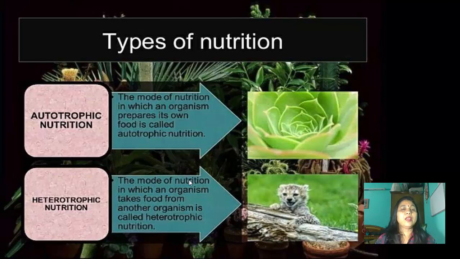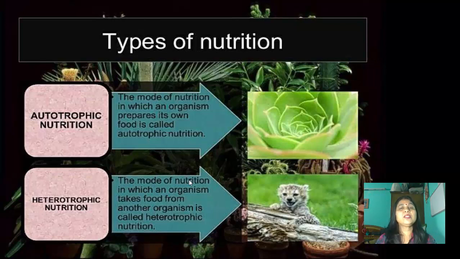The next type of nutrition is heterotrophic nutrition. In this, the organism takes food from another organism. This organism may be an animal or a plant also, because we know all the plants don't do autotrophic nutrition. Only the green plants, सिर्फ ग्रीन प्लांट्स ही फोटोसिंथेसिस करके ऑटोट्रॉफिक न्यूट्रिशन करते हैं.